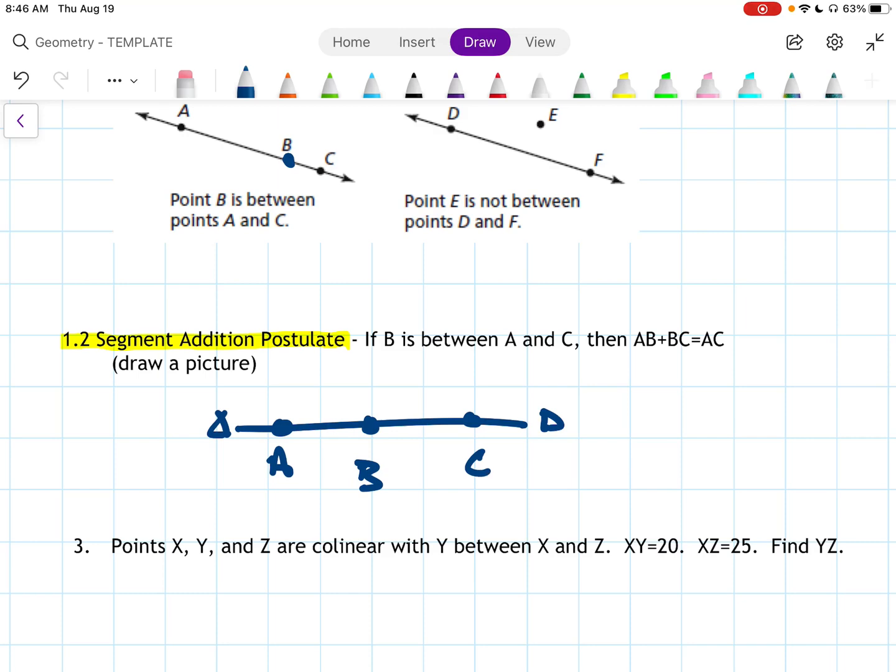They're all in the same line, so I can say that B is between A and C. And what I'm saying is AB, this length here, and BC, this length here, is the whole thing, right? Hopefully we should be able to see that. If you break something up, then you add it back together, you get the original.